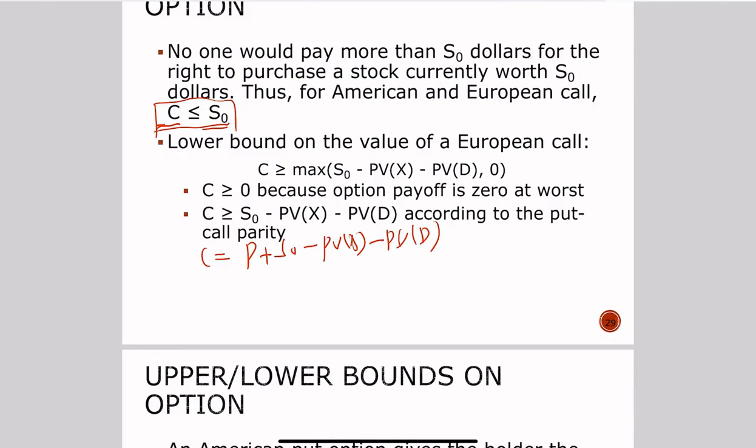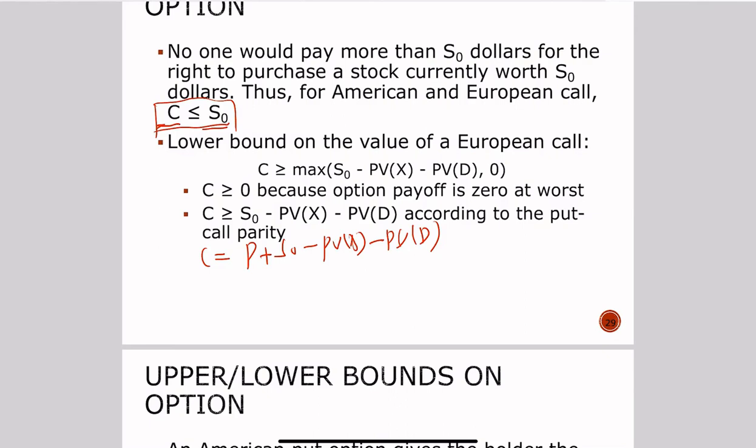And an important result is that the call price and the put price cannot be smaller than 0. This is easy to understand because the lowest payoff from a call or from a put is just 0. If you discount these zeros, you still get a present value of 0. So there is no way the call price and the put price can drop below 0.